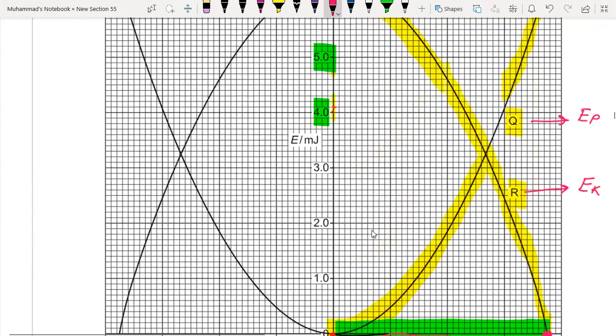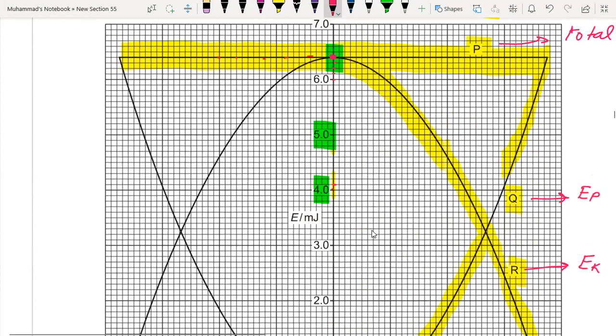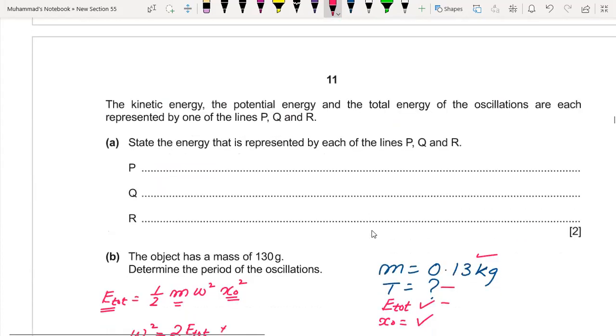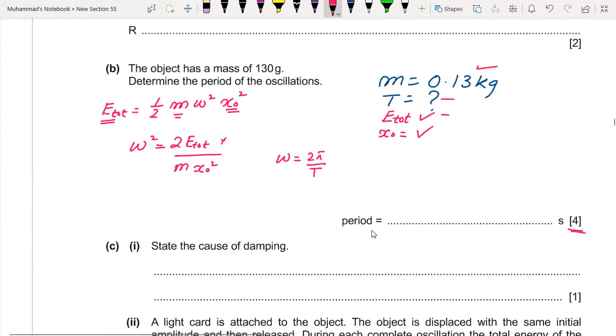And E total energy is 6.4 millijoule. So omega will be the square root of 2 times E total, which is 6.4 times 10 power minus 3. Be careful to convert millijoule into joule. Divided by the mass, that is 0.13 times x naught square.